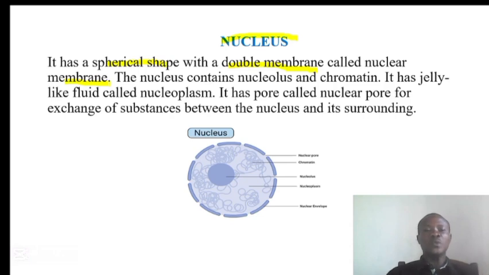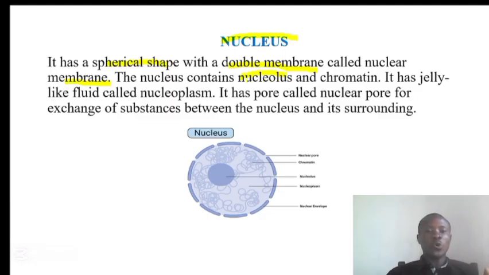It is just floating within the cytoplasm. In the case of eukaryotes, the nuclear membrane separates the nucleus from the rest of the cytoplasmic content.